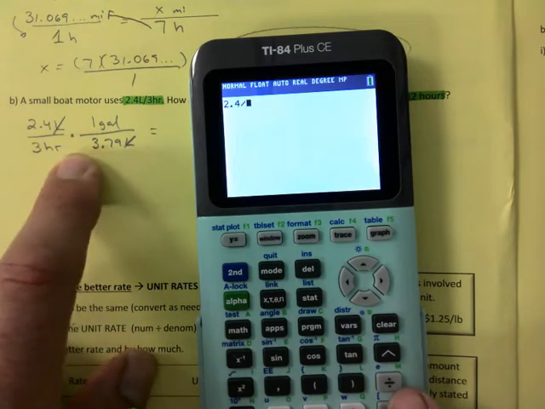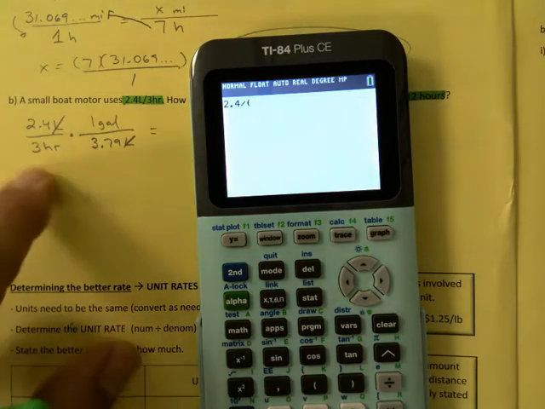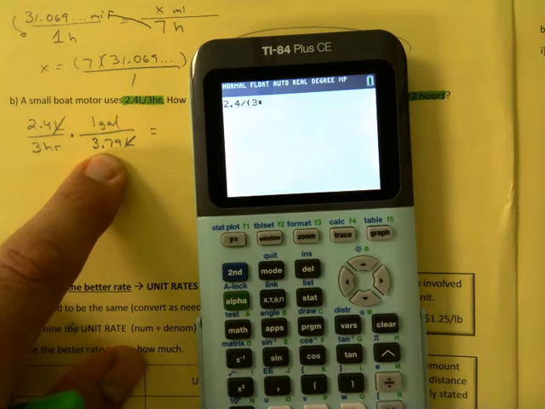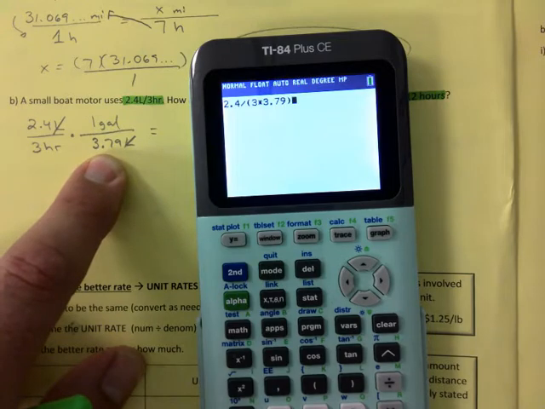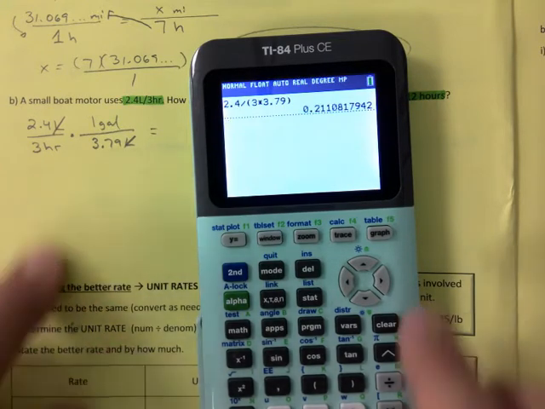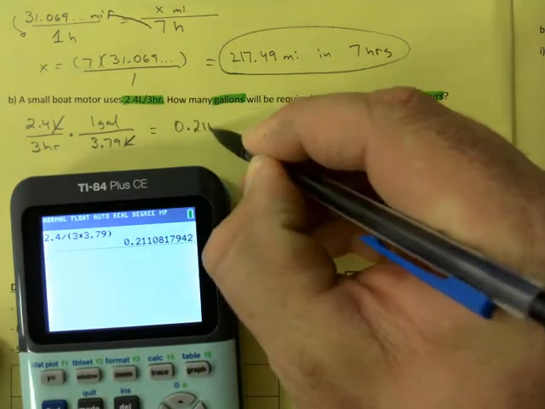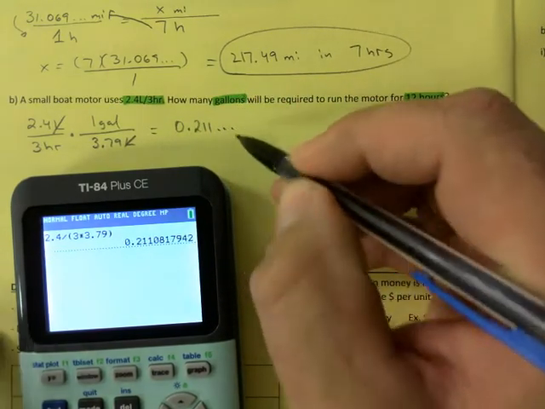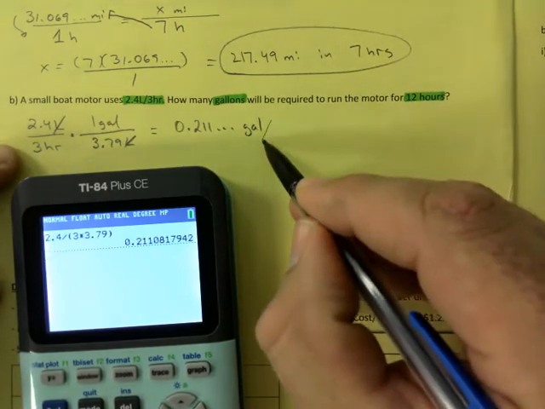You can do this in one shot, but whatever gets multiplied in the denominator needs to be in brackets. So I'm going to go 3 times 3.79, bracket closed, and that is 0.211 and we are in gallons per hour.